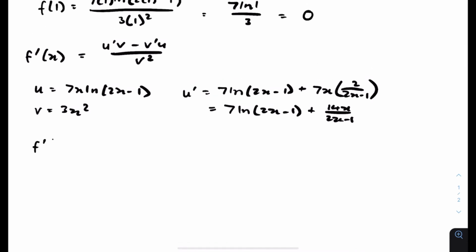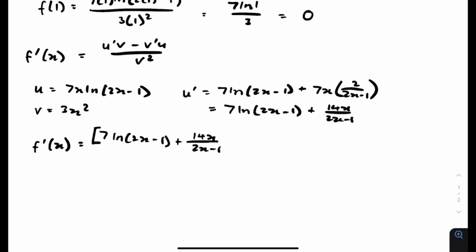So f prime of x is equal to, so u prime first, that becomes 7 ln 2x minus 1. Actually, I'm going to use square brackets here. Plus 14x over 2x minus 1. Multiply that by 3x squared, which is our v.